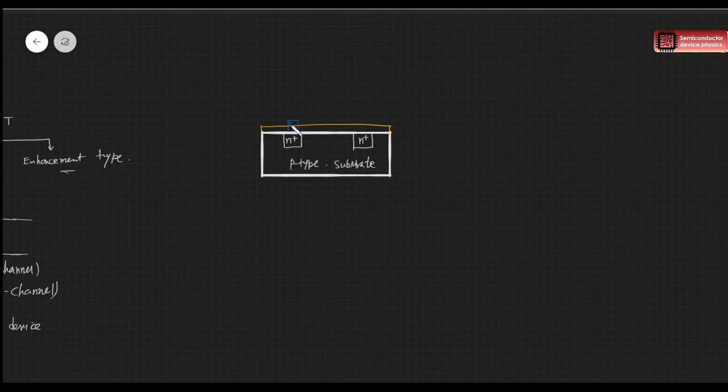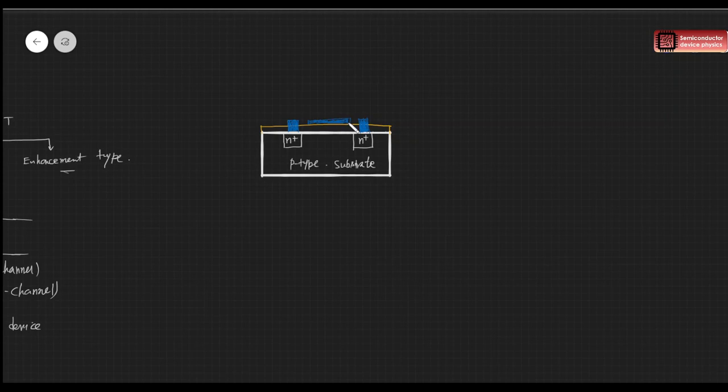So we have metal contacts here, and then this is our drain, so we have another metal contact. These metal contacts go all the way down and touch the semiconductor, so there is no oxide layer in between, because oxide is an insulator. And here we have our gate. The gate electrode is put on top of the oxide layer.